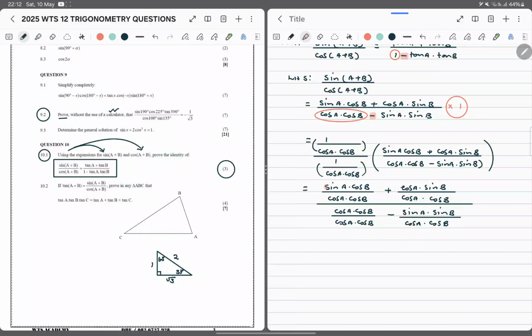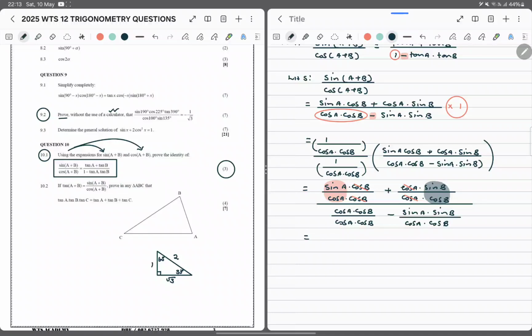So now the magic happens, right? What do we know? Sine A over cos A is an identity for tan. Cos B divides cos B to 1, and it literally disappears. And then we have sine B over cos B. That's a tan identity, while cos A will divide cos A to 1 and disappear.